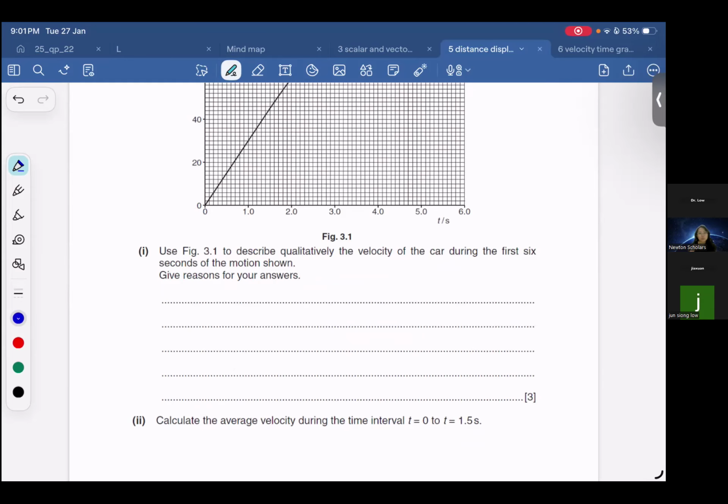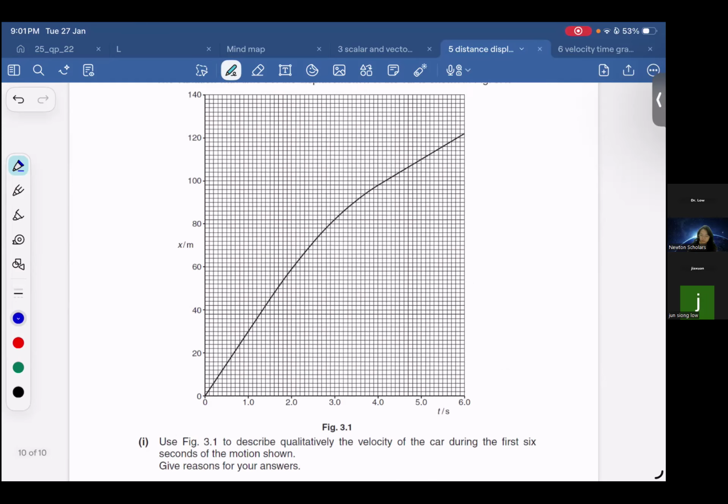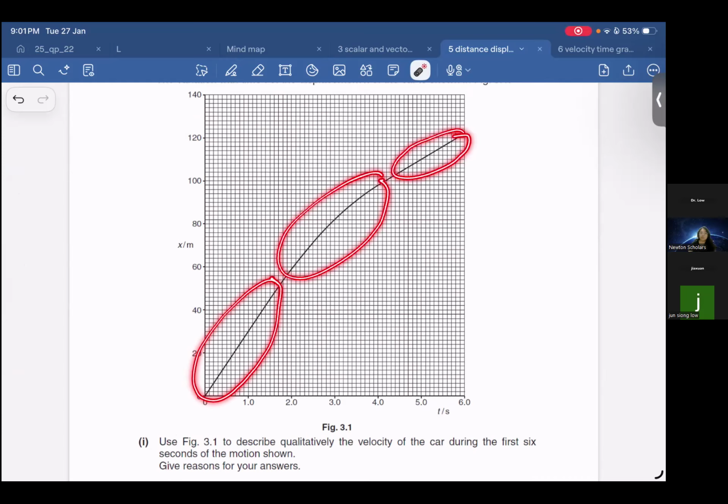So that means they want you to write 3 points, which means that most probably there are 3 sections. Okay, 3 marks for 3 sections. So what is this part's velocity? And what is this velocity? So you need to give me 3 sections. What happened to the velocity and why? Can you write down your answer?